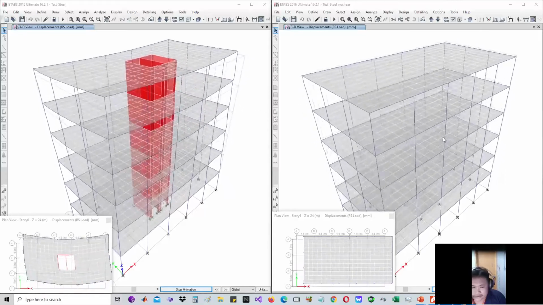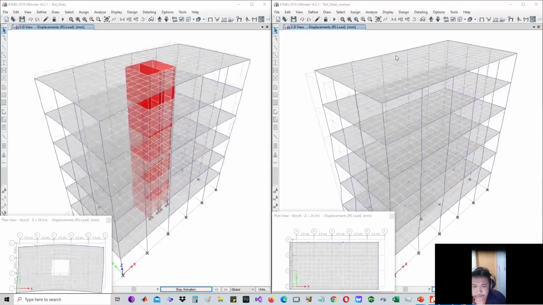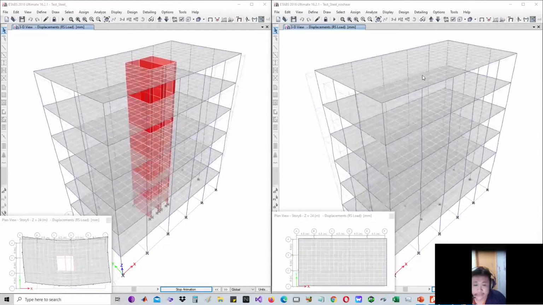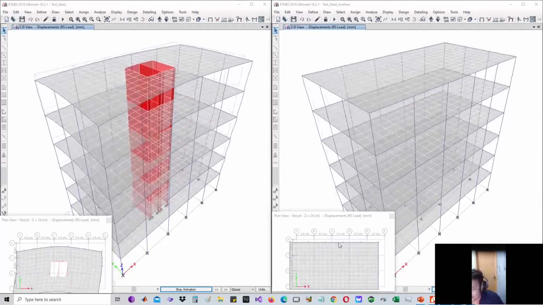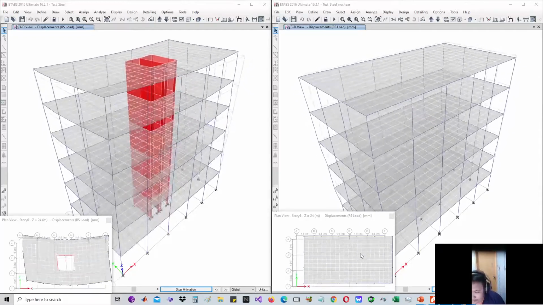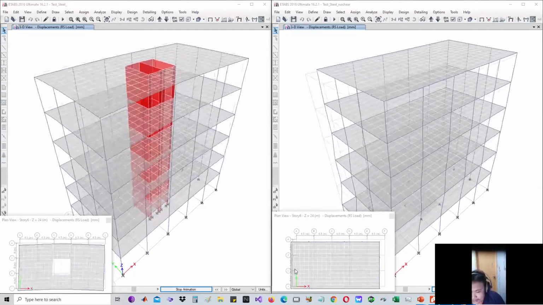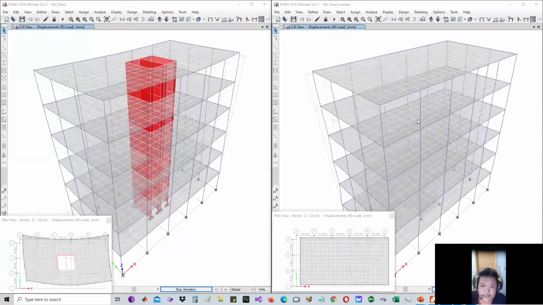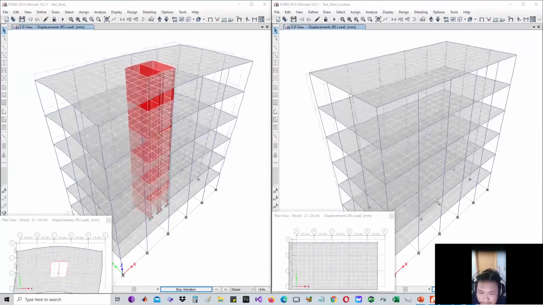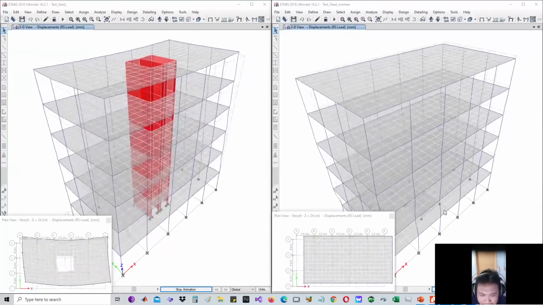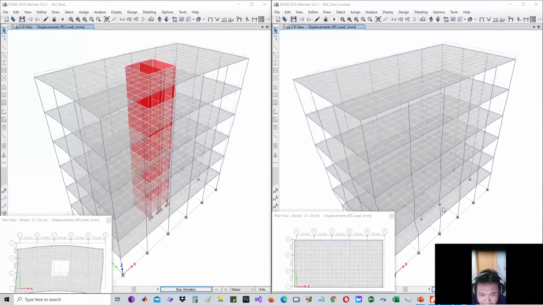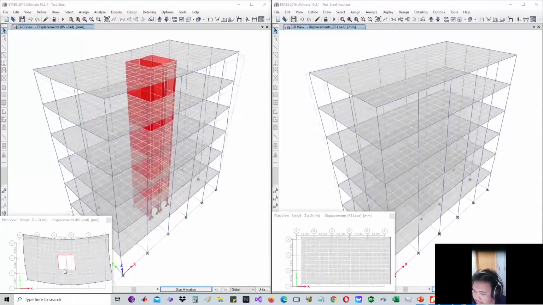Dito naman sa second window, as you can see, tinanggal ko yung design na meron tayong elevator shaft, at shear wall. Napansin nyo dito, grabe yung swaying niya, yung movement ng floor plan, compared to this, and grabe yung niya dito sa floor 1. Dito sa floor 1, grabe yung movement ng kanyang columns.